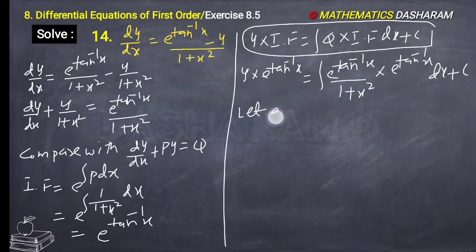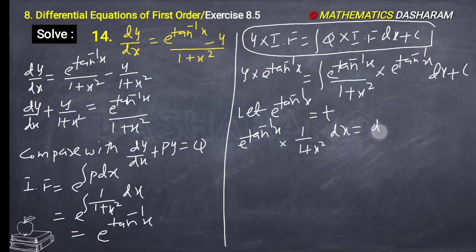So here let's take e to the power of tan inverse x equals t and take the derivative on both sides. E to the power of tan inverse x into 1 by 1 plus x square dx equals dt. So substitute these values in the above equation.